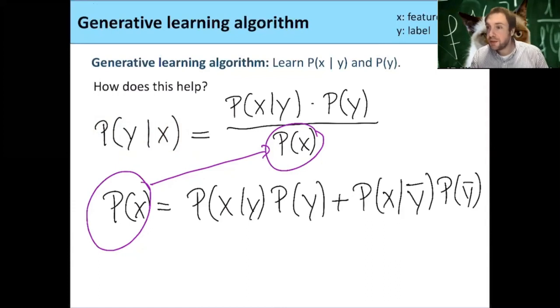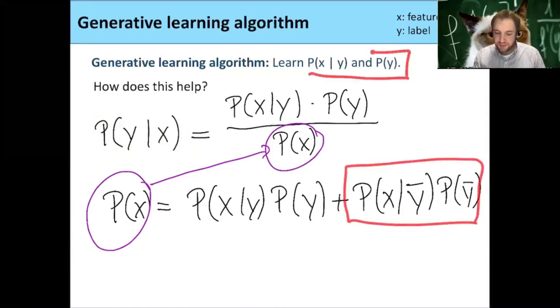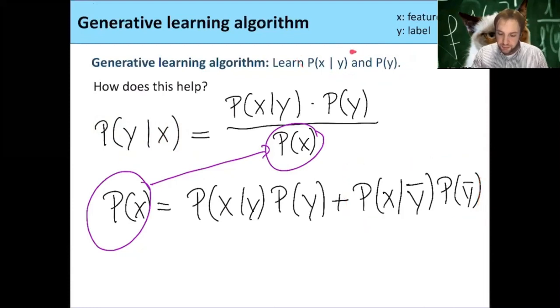And another question here: why can we calculate this by knowing this? We will understand this probability completely, no matter what y is. In our case, y will be either 0 or y equals 1.